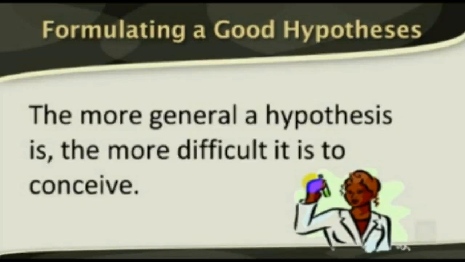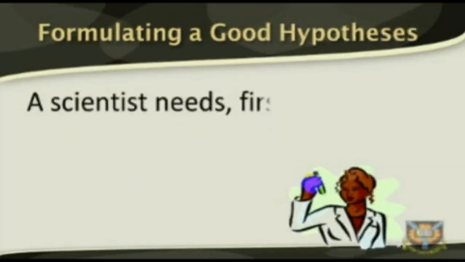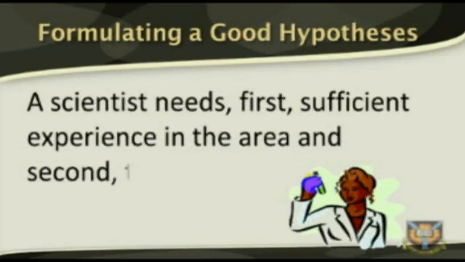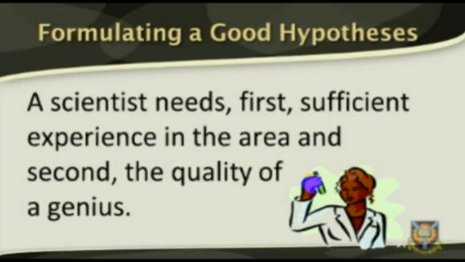The important general hypotheses must await the genius to proclaim them, at which time science makes a sizable spurt forward. To formulate useful and valuable hypotheses, a scientist needs, first, sufficient experience in the area, and second, the quality of genius, which includes the characteristic of perseverance.